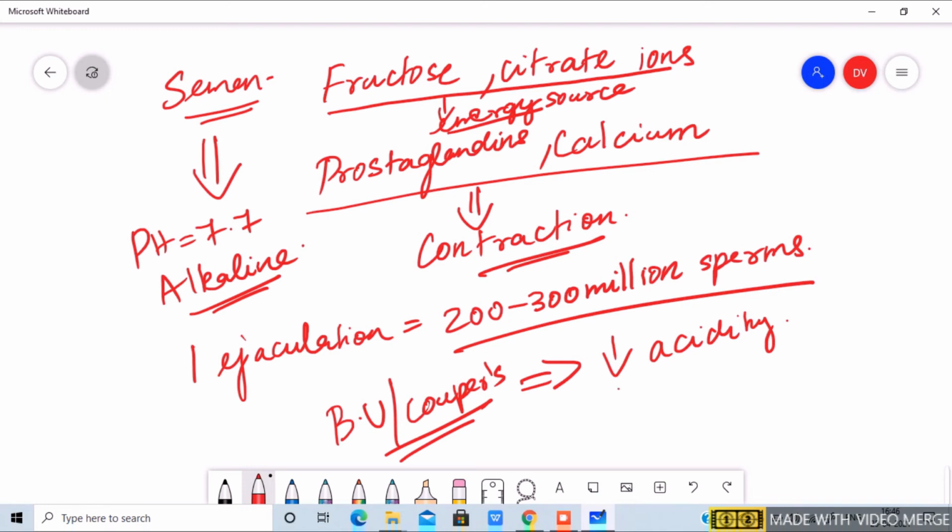If you see the pH, it is 6.5. So to lower that, you have the bulbourethral fluid, which further increases the alkalinity. Alright guys, so that is regarding the bulbourethral gland. And let me teach you one more interesting concept.